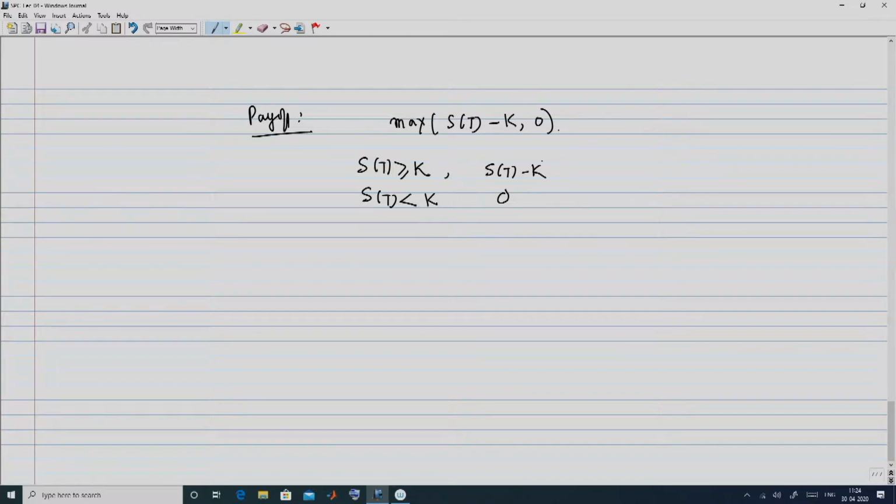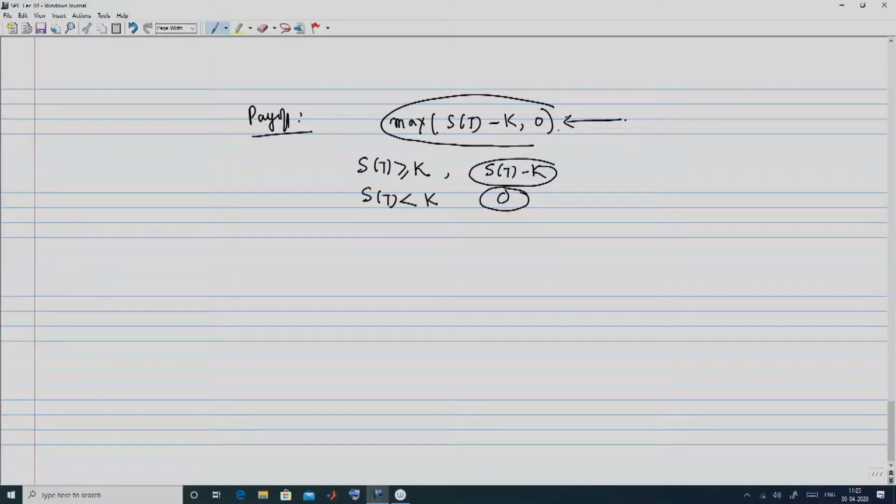So, in this case they will get an amount of 0 because no transaction actually takes place. So, either you receive an amount of St minus k or you receive an amount of 0, and so you get the maximum of St minus k comma 0. This is from the point of view of the party which purchases the option, which retains the right to buy the asset but not the obligation to buy it.